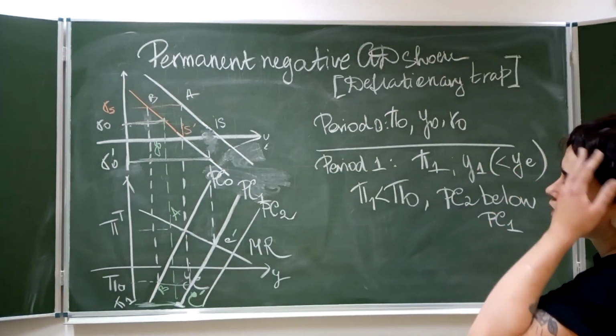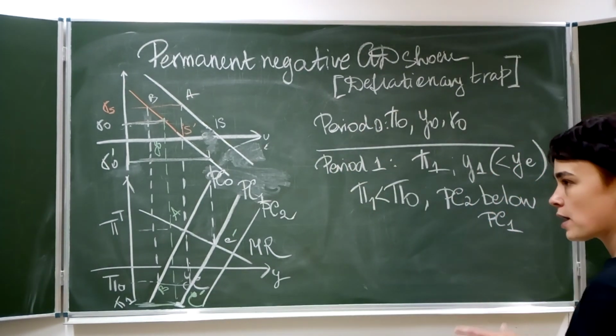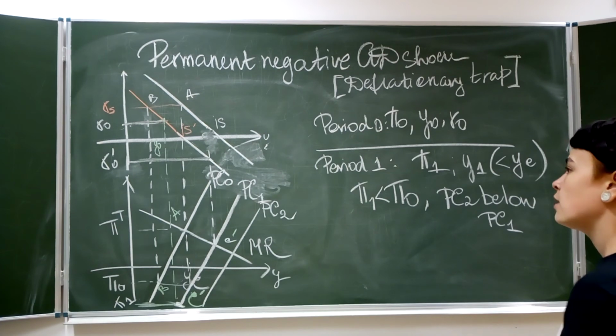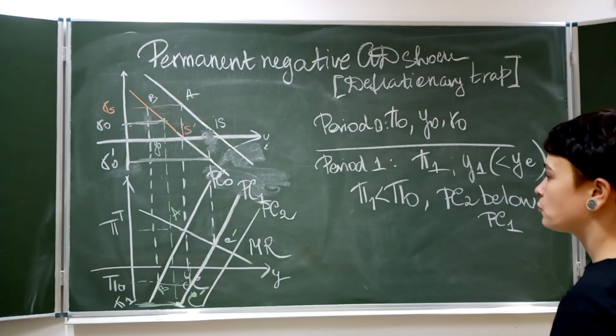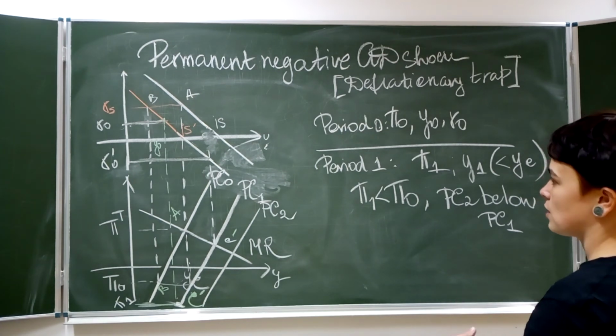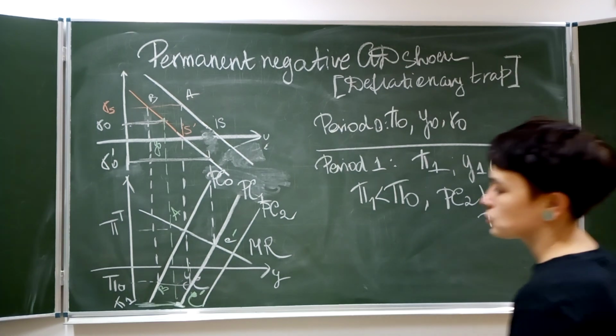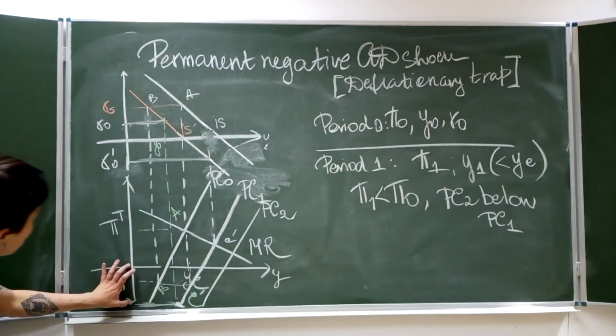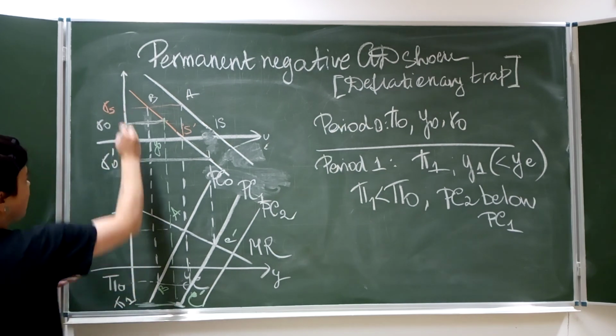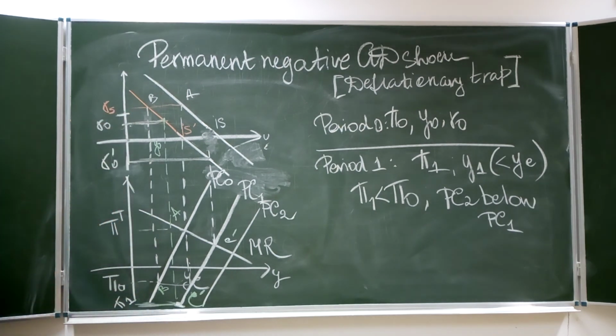Then, because we have a bigger deflationary gap, the central bank will have to charge an even lower interest rate. And again, it will be impossible, because for pi 1, this will be R1, which the central bank will be able to afford, because of this rule of non-negative nominal interest rates. So this is why we actually have a trap.